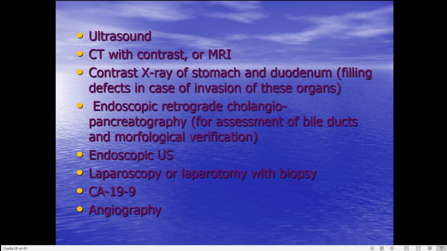Contrast X-ray of stomach and duodenum. Next, a CT scan with contrast is done to exclude, as we said from the beginning, whether the tumor invades the major vessels. It is very important to know if we can operate on this patient.